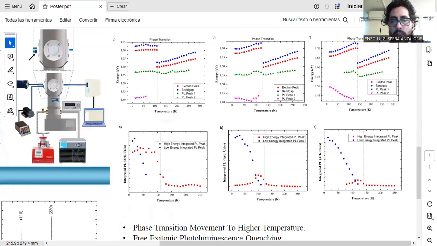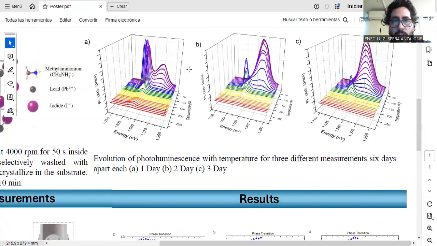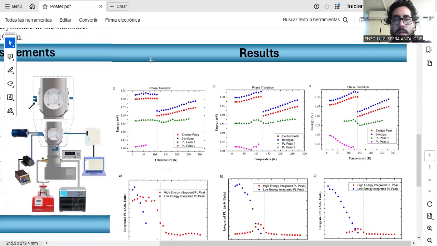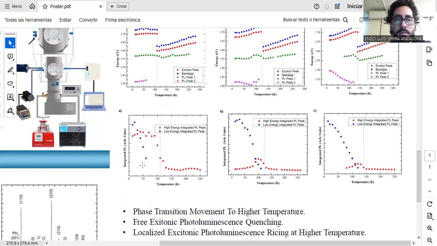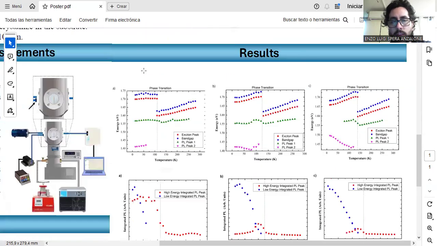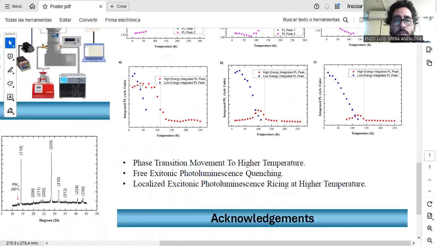Here we can see the integrated photoluminescence for both photoluminescence peaks. For the first day, the lower energy peak, this one, has an integrated intensity comparable to the higher energy peak, but only at lower temperatures, lower than 50 Kelvin. For higher temperatures, we can see that the higher energy peak dominates the photoluminescence.